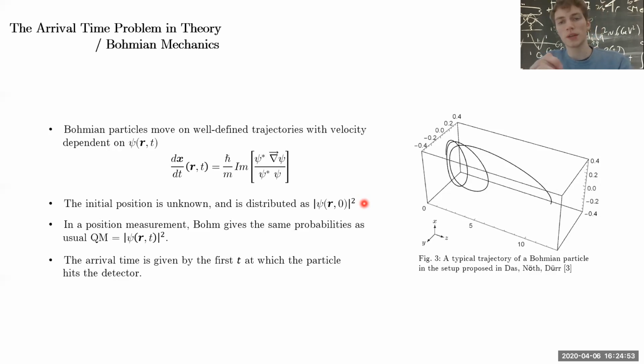The randomness in Bohmian mechanics comes from the fact that the initial position of the particle is not known. The initial position of the particle is distributed with a probability proportional to the wave function squared.